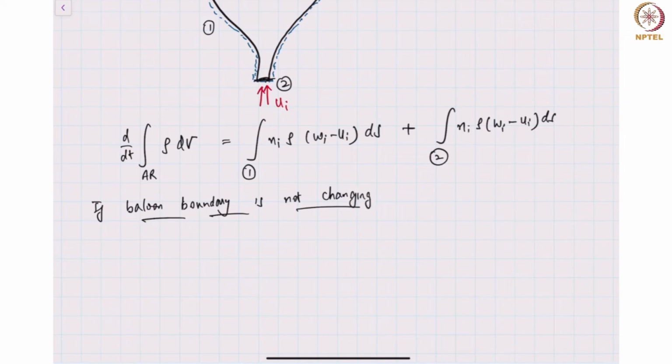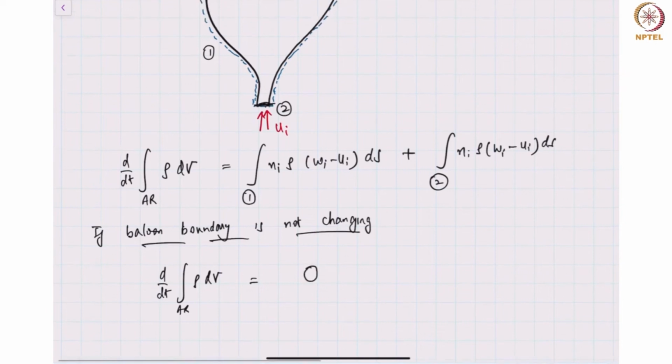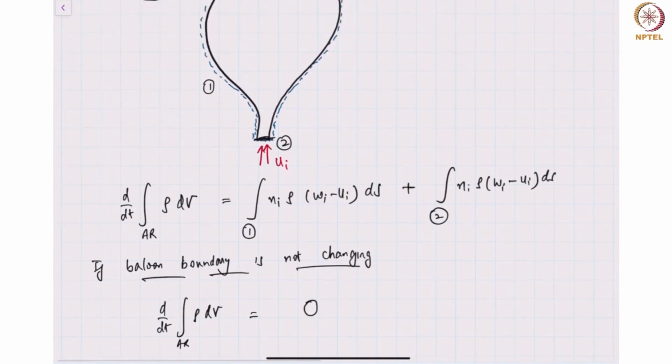Then in this entire situation, what I have is the rate of change of density, or the rate of change of mass, because clearly you're pumping mass into the system. The first term is 0 because boundary 1 is not changing. And for the second term, all that you have is ni rho.